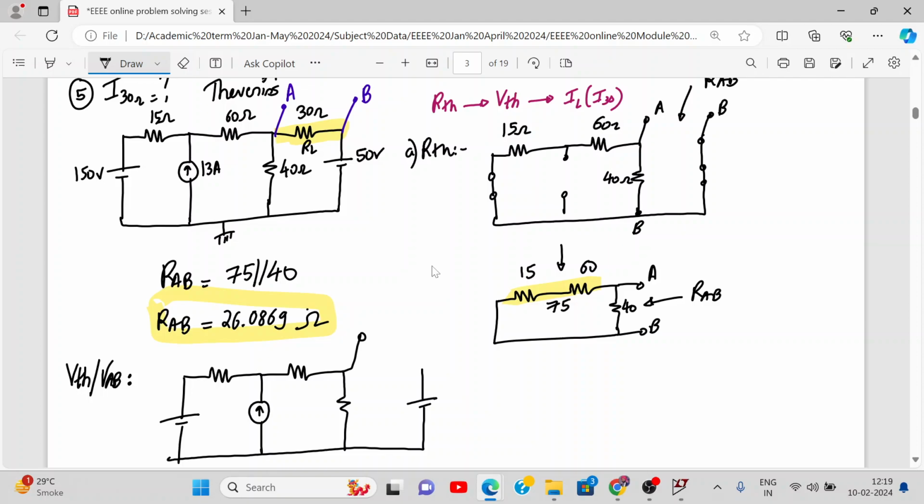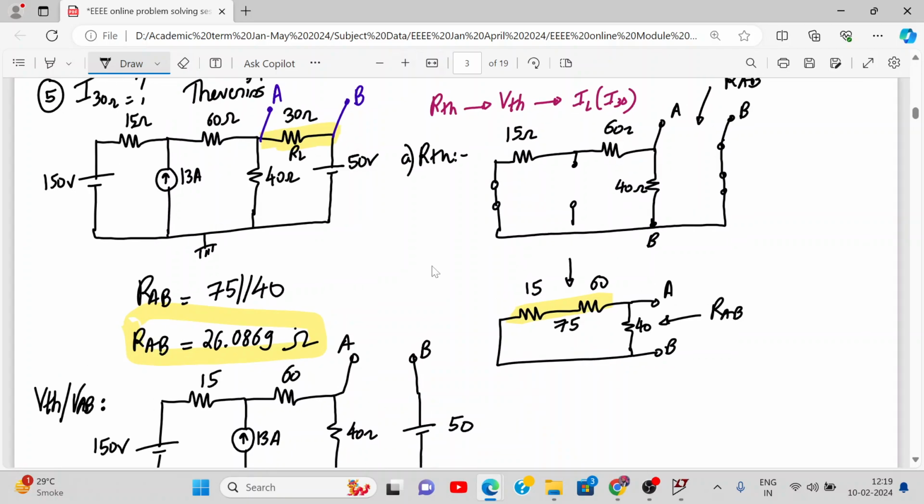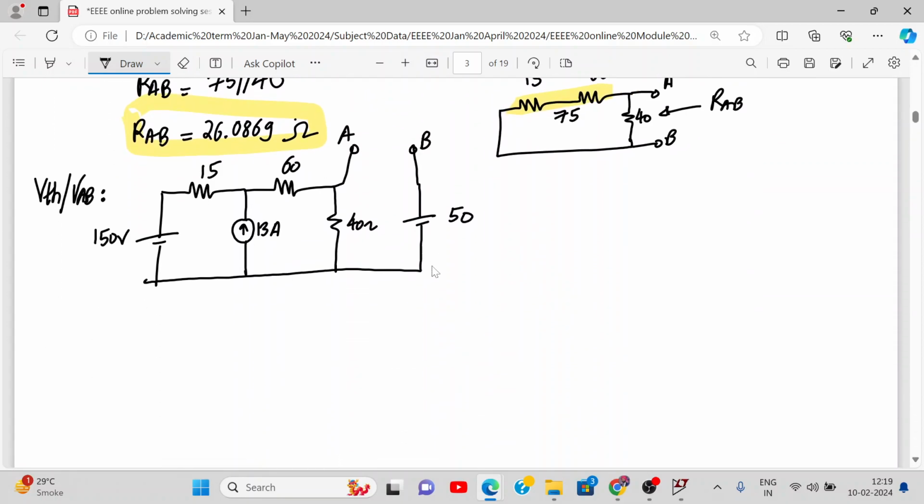This is A, this is B. This is 60, 13, 150, 15, 50, 40. This is the circuit.